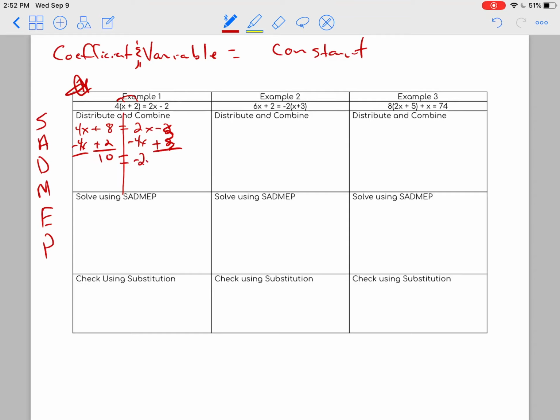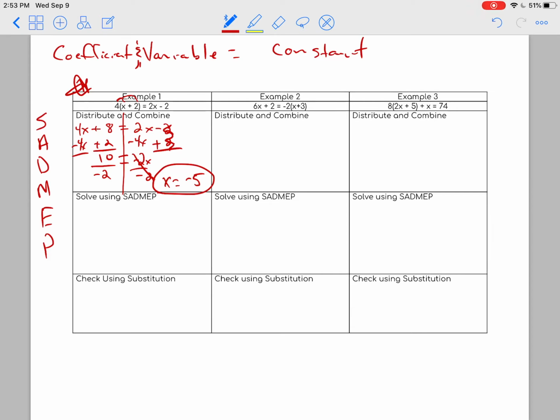That's going to give me negative 2x. To separate the negative 2 and the x, divide each side by negative 2. X will equal negative 5 because 10 divided by negative 2 is negative 5.